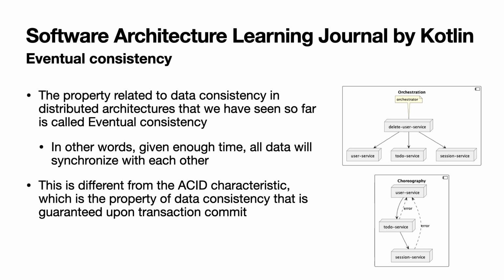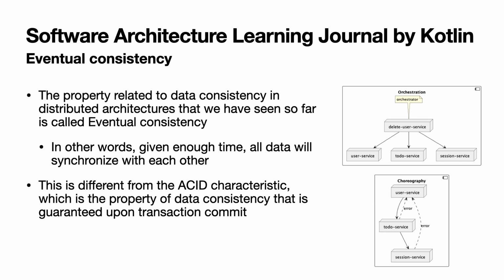Let's briefly consider data consistency regarding the methods we've seen so far. The property concerning data consistency in distributed architectures is called eventual consistency. Eventual consistency means that given enough time, all data will synchronize with each other.